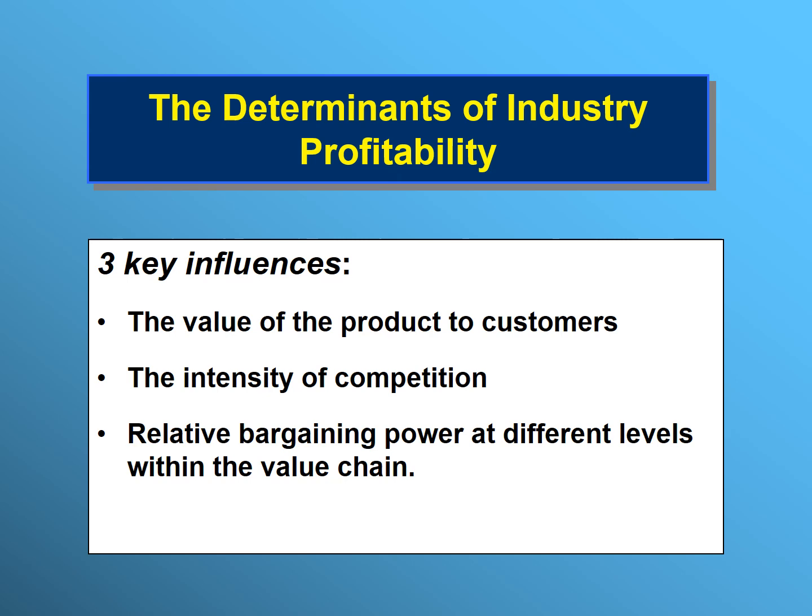Then the intensity of competition: the more the competition is there, the lesser the profitability of the industry. Relative bargaining power at different levels within the value chain: the more the bargaining power to the outside agencies, the more difficult it will be for the firm or the industry to earn profit.